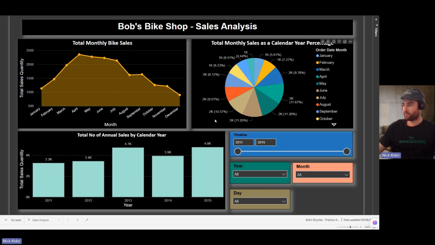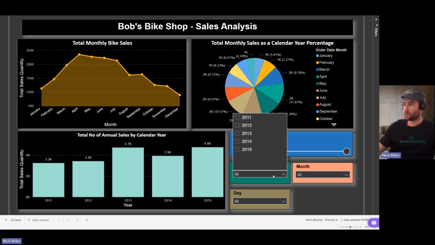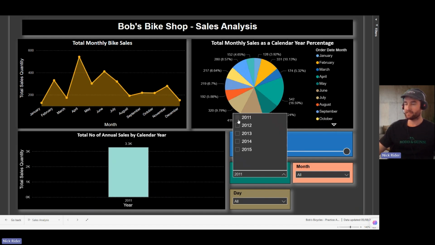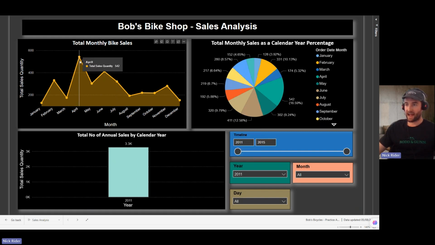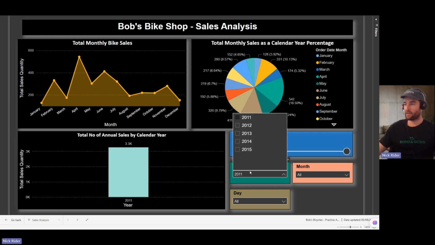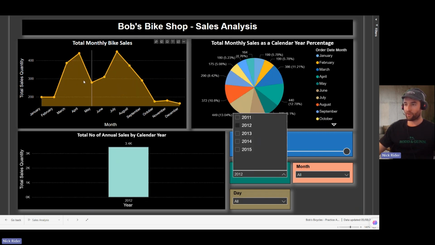Now, if I want to get into it a little bit more, I can just go down into a single year. So 2011, we can sort of see, okay, April was the top month. To 2012 now, we can see again that April was up there. The total quantity was 440 sold, and July was 449 sold.